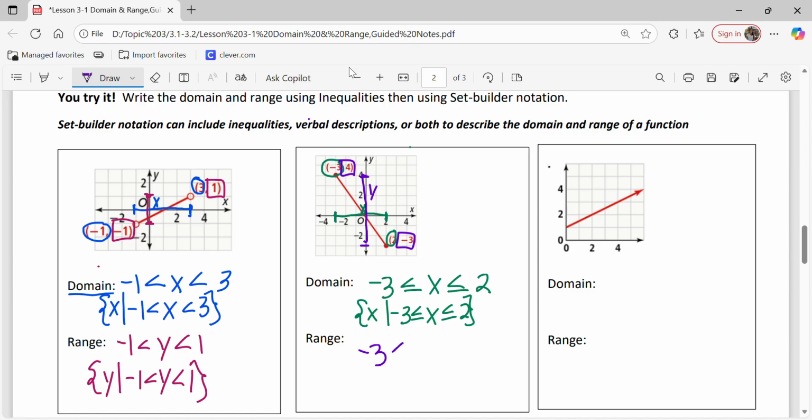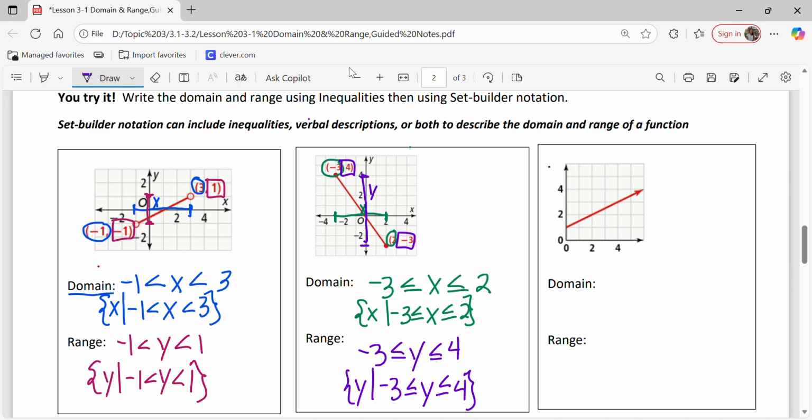So -3 is less than y, which is less than 4, both closed circles as well, also with the equal sign. All values of y such that -3 is less than or equal to y, less than or equal to 4.